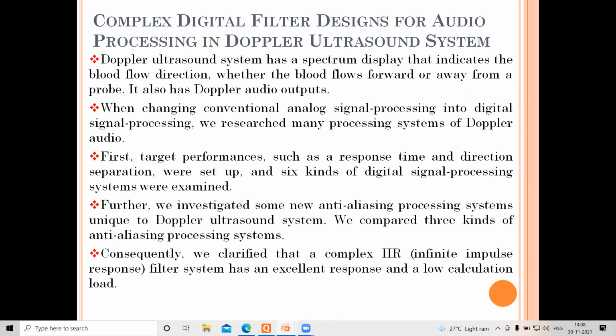These days, since at a very young age people are having problems of heart attacks, heart stroke, brain stroke, one important system is the ultrasound. And remember, these ultrasound systems work on the Doppler concept.